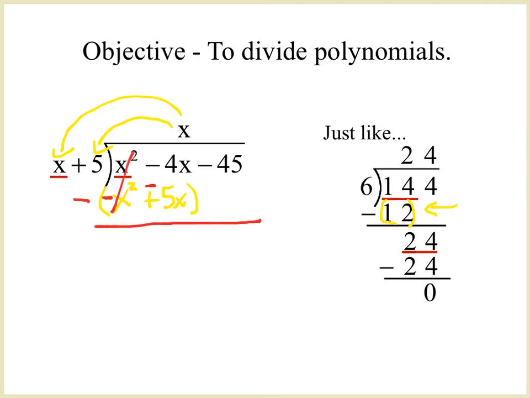Now x squared and negative x squared cancel out. What I'm left with is 4x minus 5x. Negative 4x, negative 5x makes negative 9x. And then I bring my next term down: minus 45.